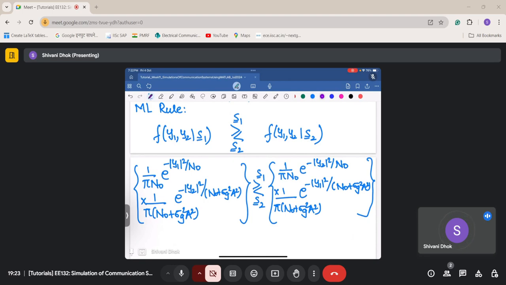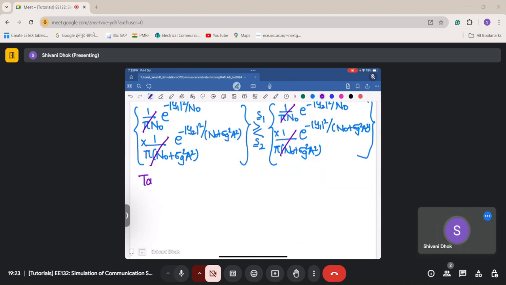Okay, we can cancel out the common terms. These are the common terms, and we can take log on both the sides. So taking natural log on both sides, what we get is something like this.